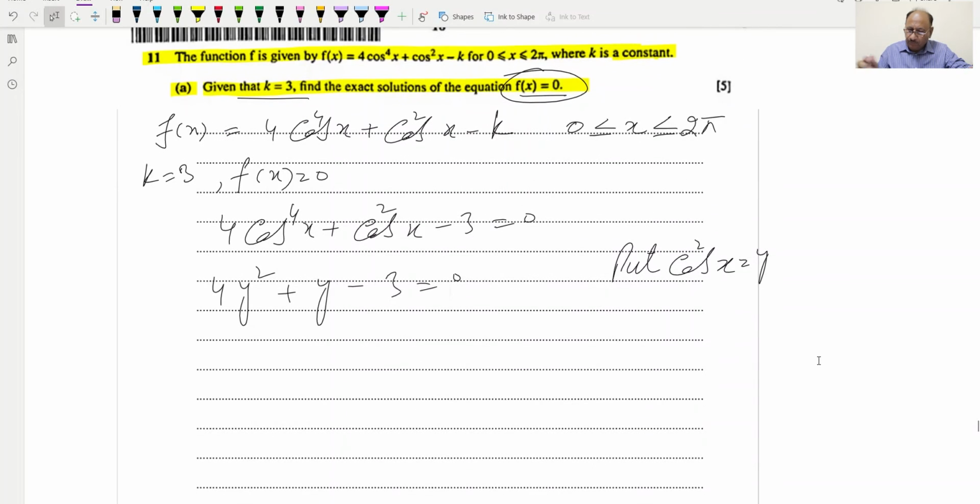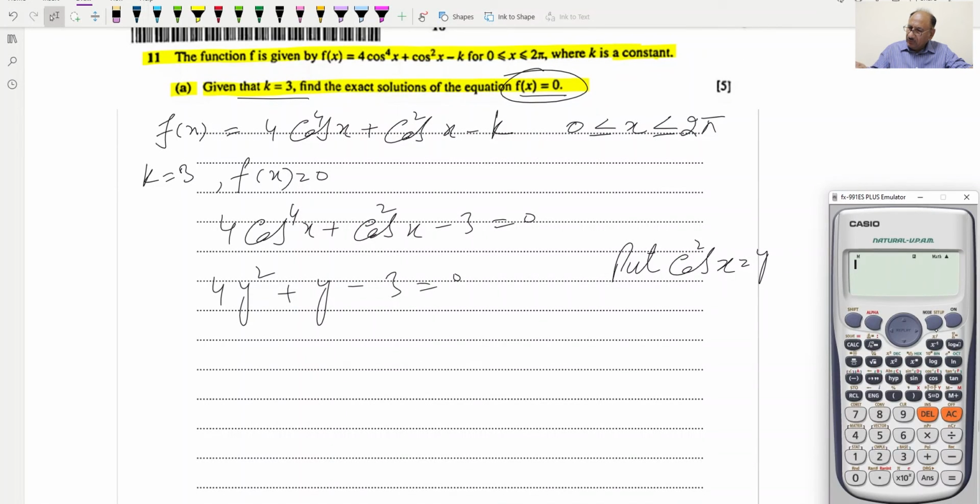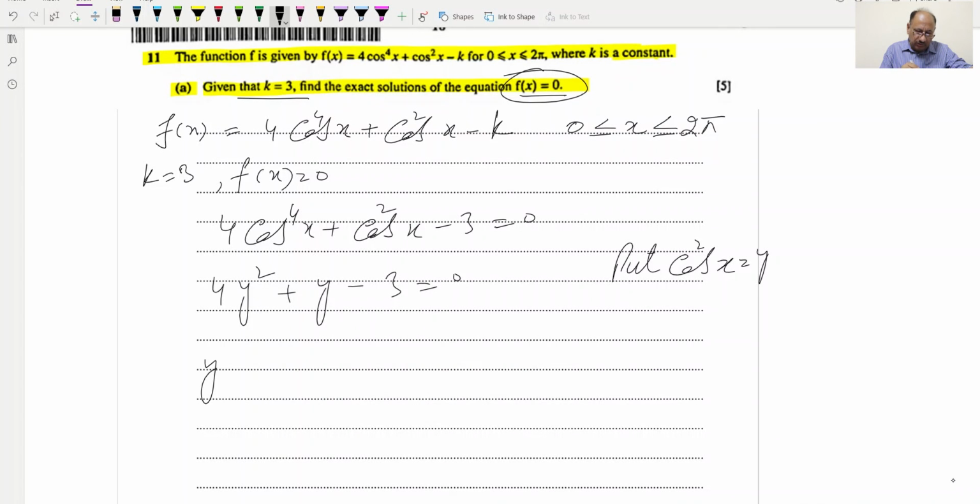And we can factorize this. The coefficient of y square is 4, then y is 1 and the constant is minus 3, and the roots are 3 by 4 and minus 1. So y is equal to 3 by 4 and y is equal to minus 1.